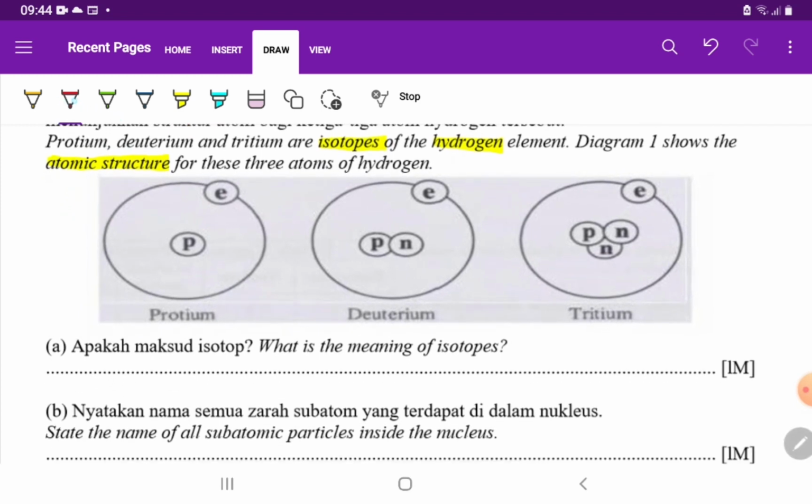First question, what is meant by isotopes?